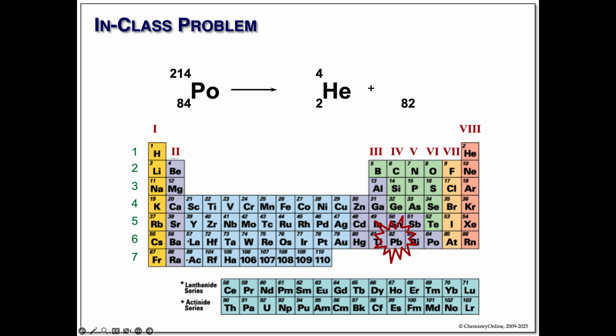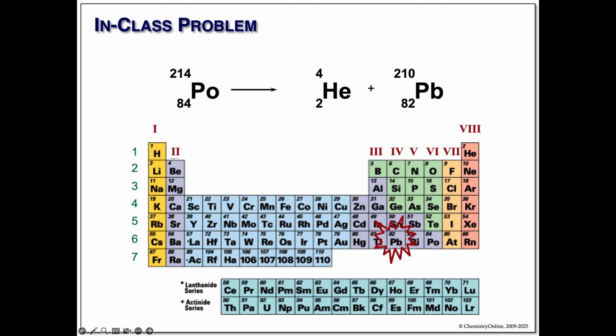That's lead. So our element here is lead. Mass number from 214 minus 4 to 210. Any questions? All right, well, it's fairly easy to imagine the loss of an alpha particle. Unstable nucleus, a chunk flies off.